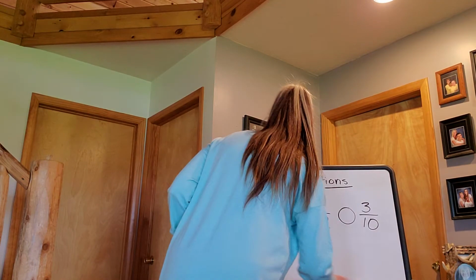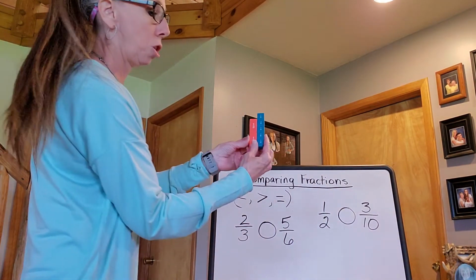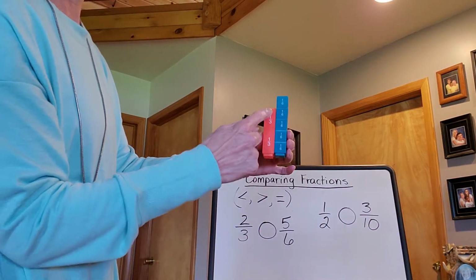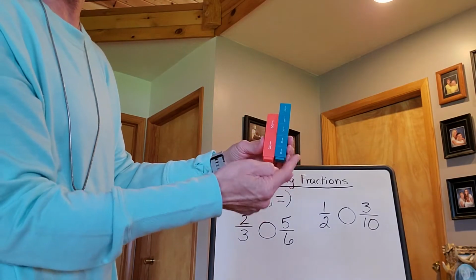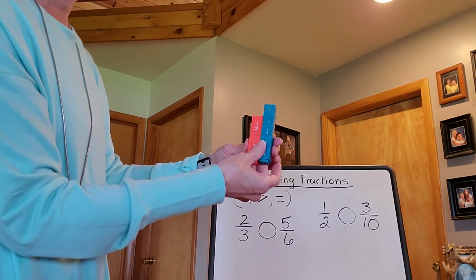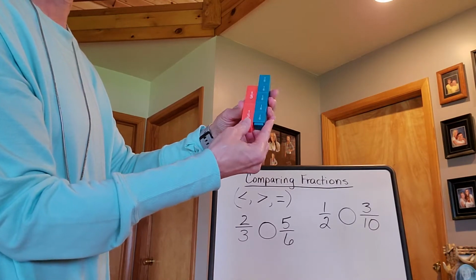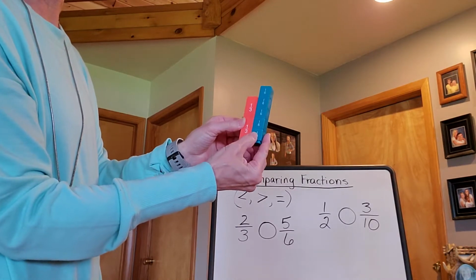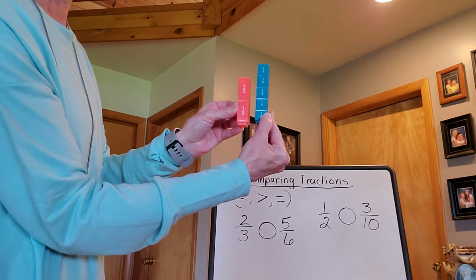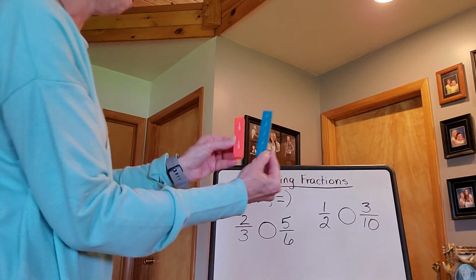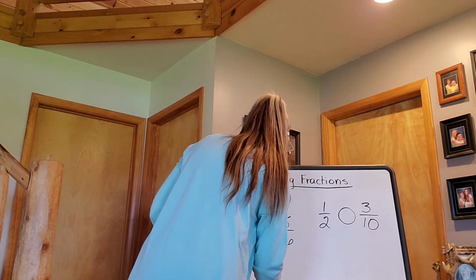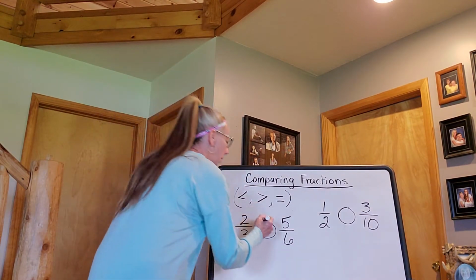So if we were going to compare these two, looking at just our fraction blocks, 2/3 is less than or greater than 5/6? Well, there is less or shorter of an amount for the 2/3. So 2/3 is less than or smaller than 5/6. So the sign that goes in our circle is less than.